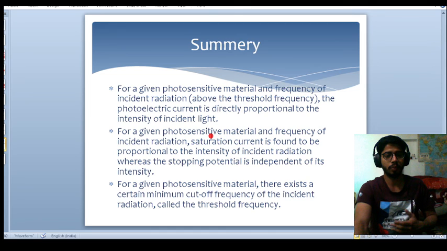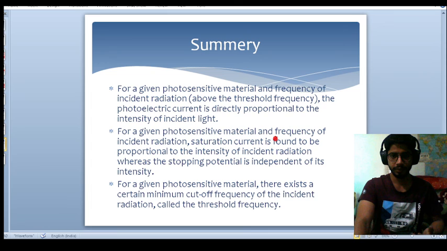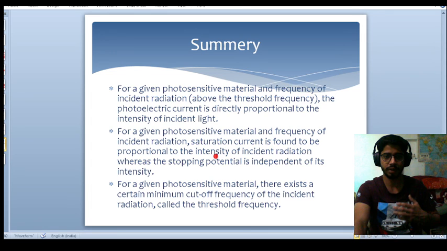Next point: for a given photosensitive material and frequency of the incident radiation, the saturation current is found to be proportional to the intensity of the incident radiation, whereas the stopping potential is independent of the intensity.